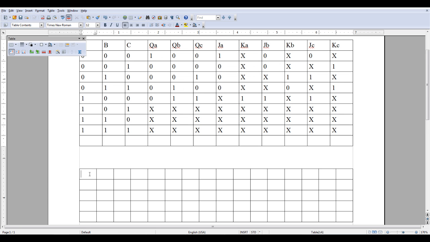There we go. Okay, so for the first one, JA, we have this. We have 1, 0. Let's just skip it. 0, 0. X, X, X, X. And then the other one is X, X, X. I'm just looking at this now.